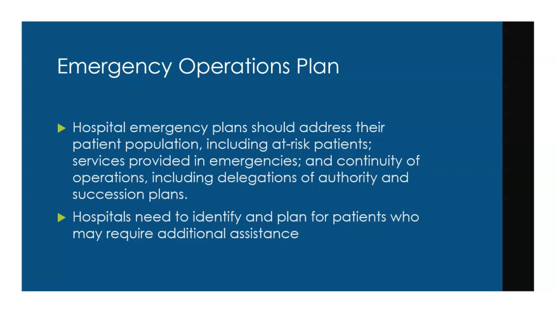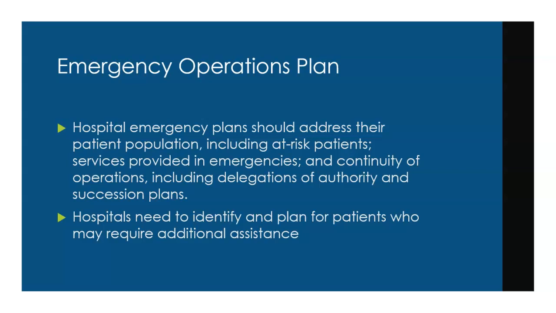People are still getting operations done. People are still getting dialysis done. Everything else in the hospital is still happening. So we need to make sure that we have continuity of operations, not to mention that depending on the event, we need to plan to make sure that we stay in operations, and how we're going to do that.